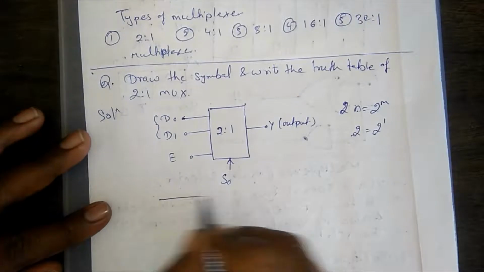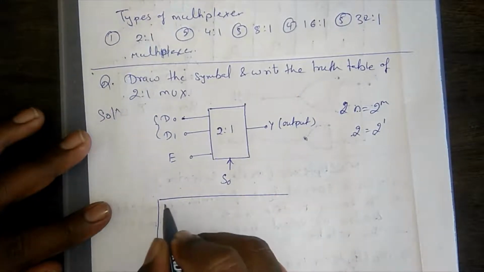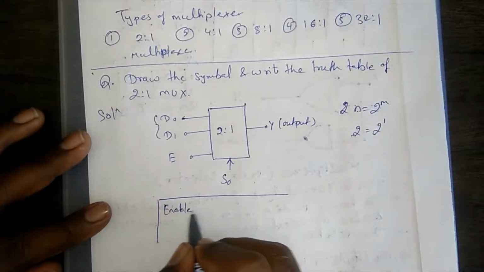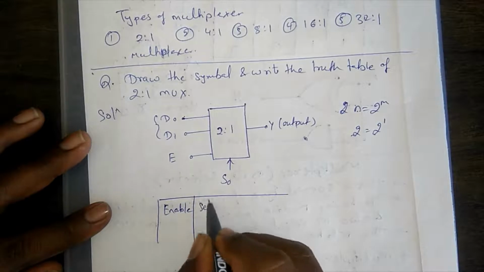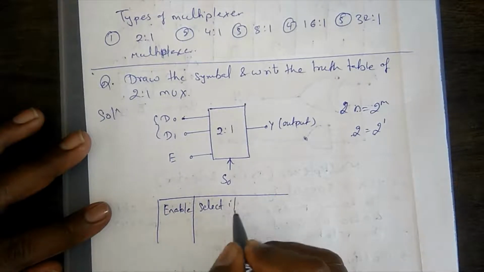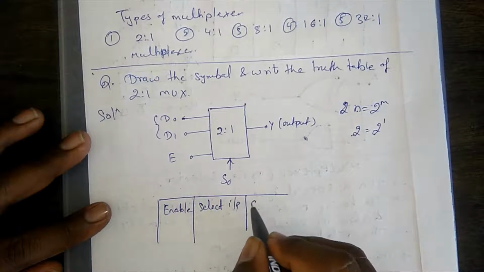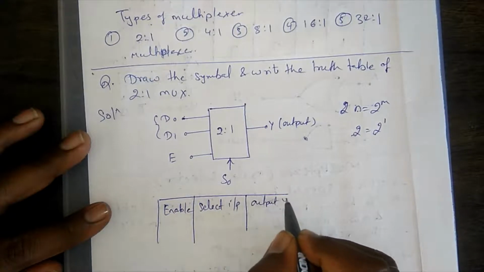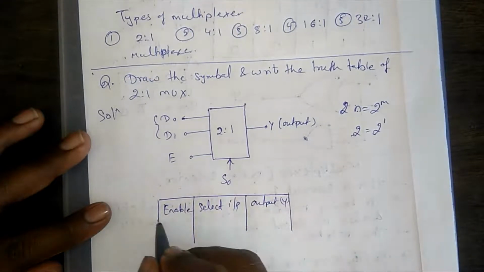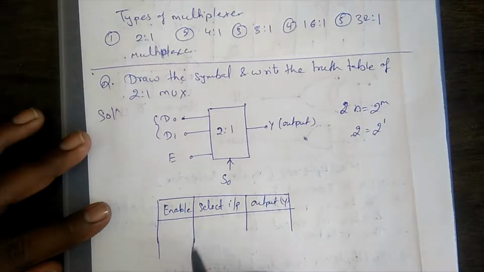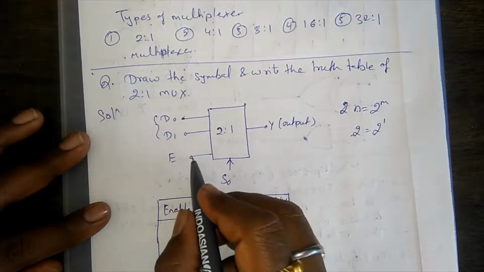Now about the truth table. Okay, now enable pin, then select input, then output. Now this enable you always have to keep active high.